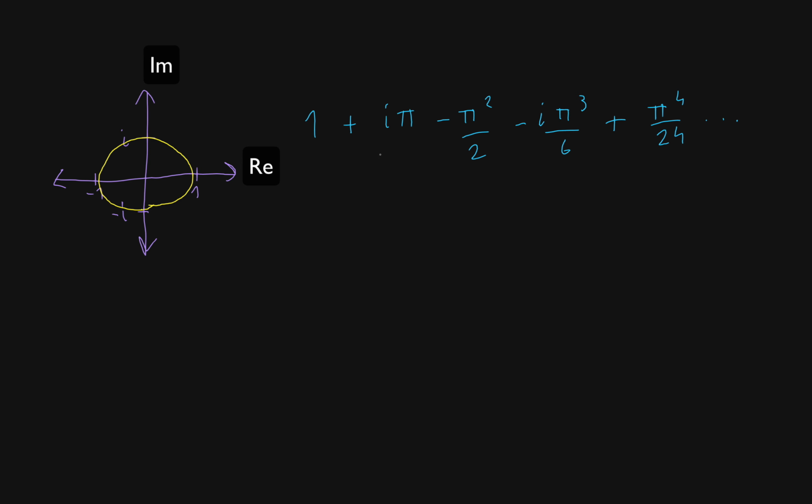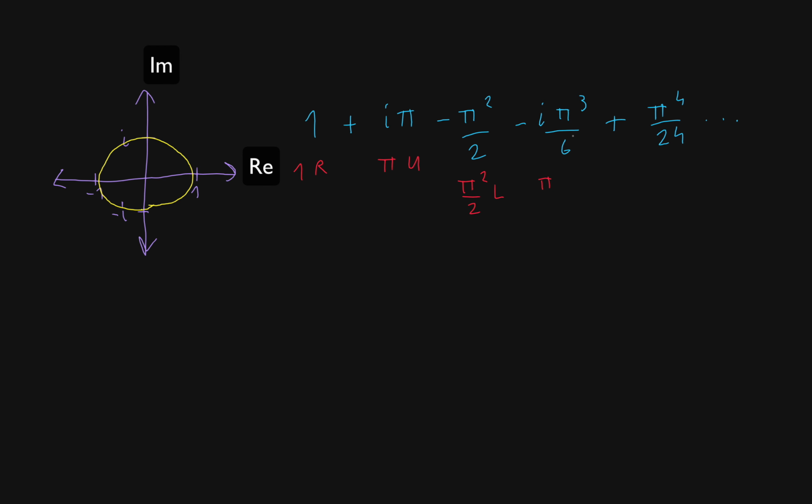And so if we treat these as vectors, what we're going to see is that this is a movement 1 in the right direction. Here this is going to be pi movements up. Then you're going to have pi squared over 2 movements left.